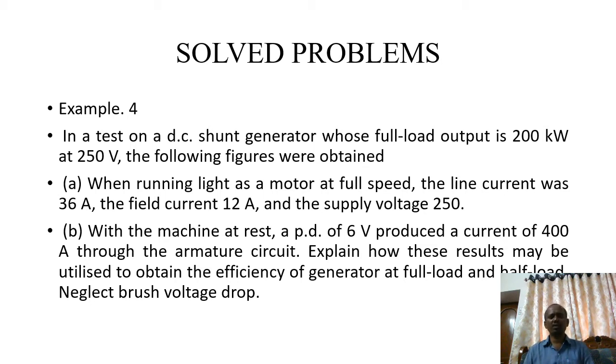Next problem you can solve. First of all, you can note this problem and solve it. In a test on a DC shunt generator whose full load output is 200 kilowatt at 250 volts, the following were obtained.